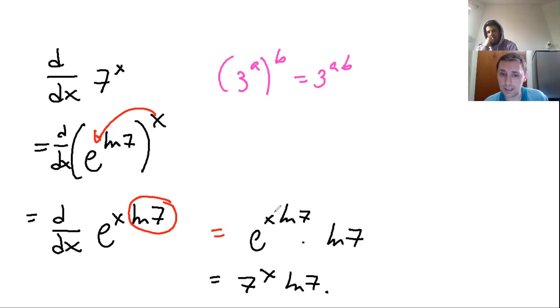Do you agree? Because ln 7 is a number. And x times ln 7, if you think about it this way, it's just a line that goes through the origin with slope ln 7. I hope that's clear.